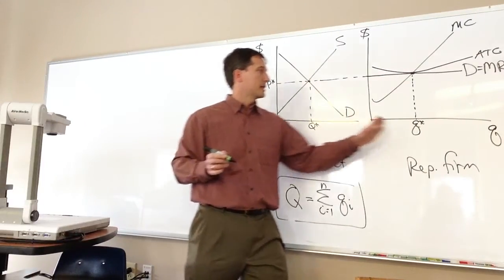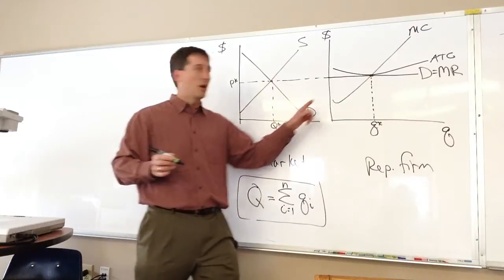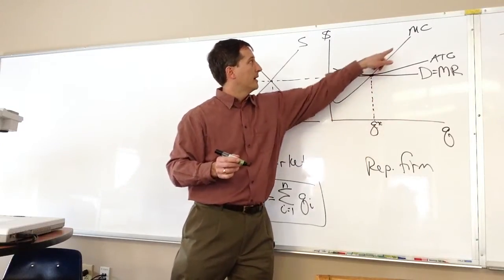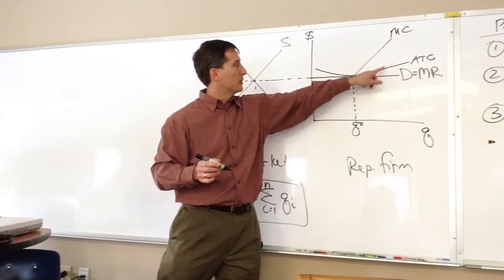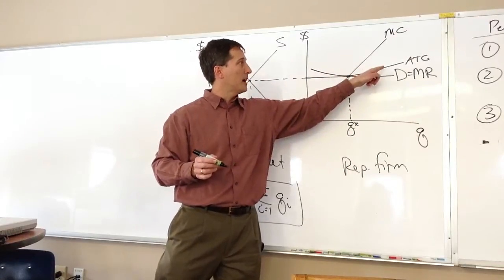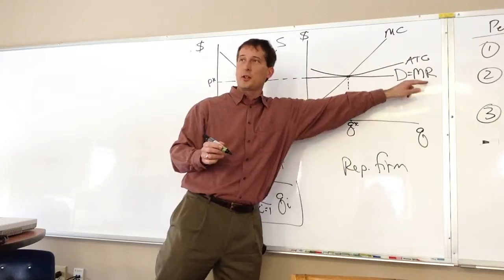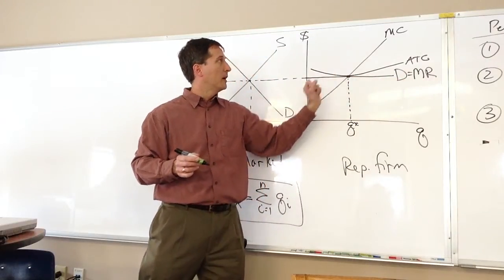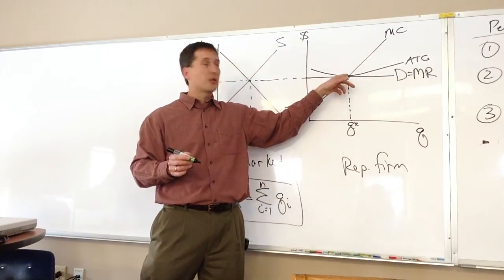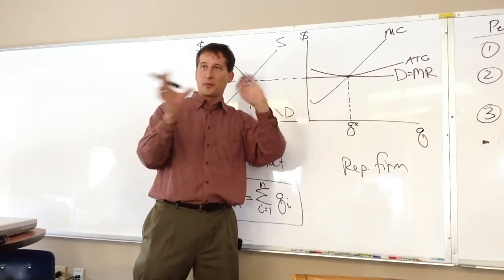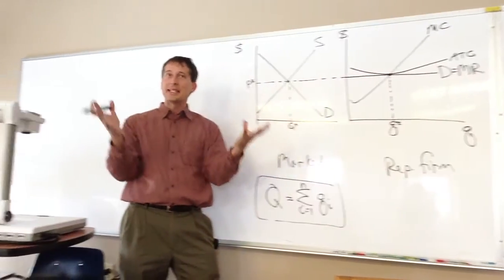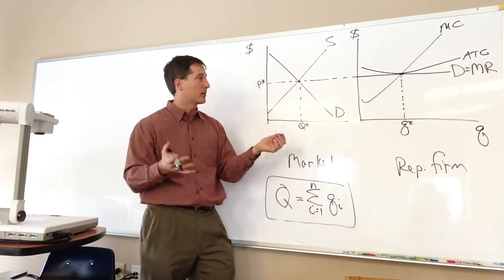And now you start to see some of the pieces coming together. We can solve for this quantity by putting marginal cost equal to average total cost. We could also solve for this quantity by taking a marginal revenue function and setting it equal to the marginal cost function at that point. So there are a number of different ways we could tackle the problem, depending on the information given to you.